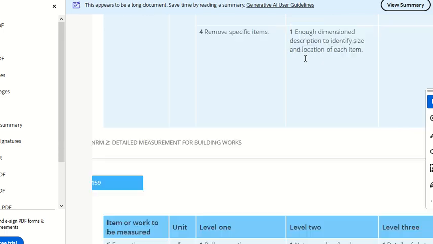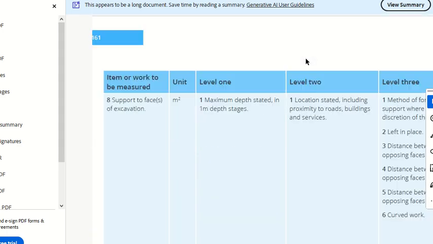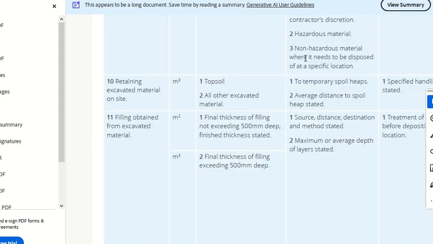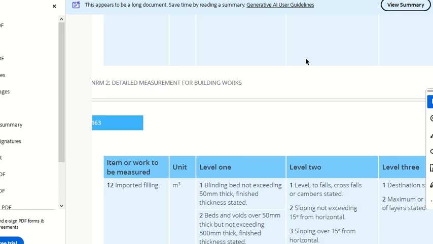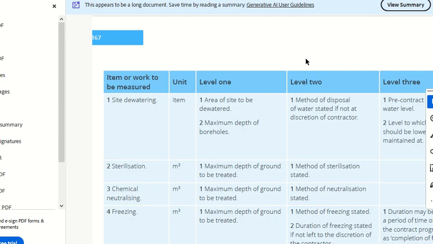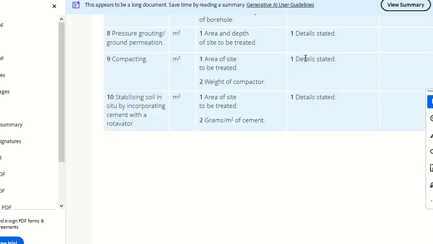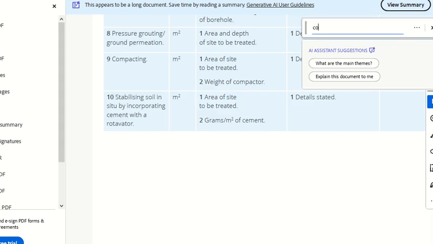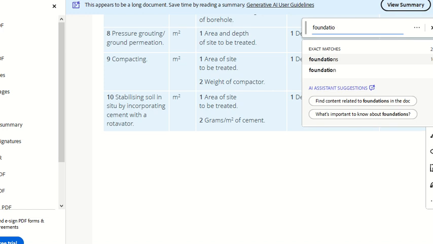Site clearance, retaining excavated material, filling. It was in concrete. It was not in this one. It's not the same.